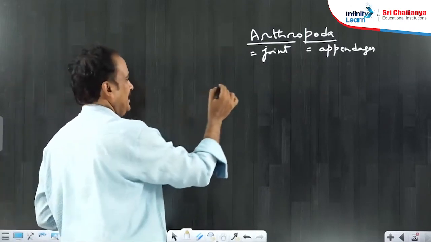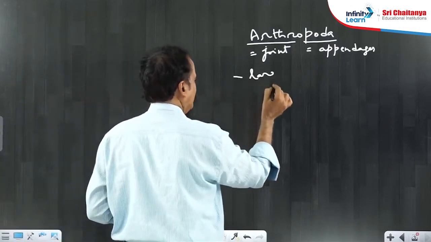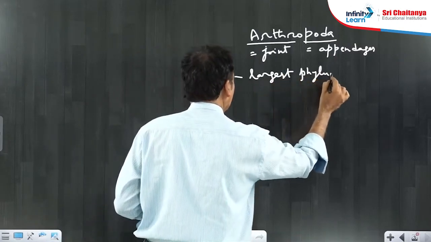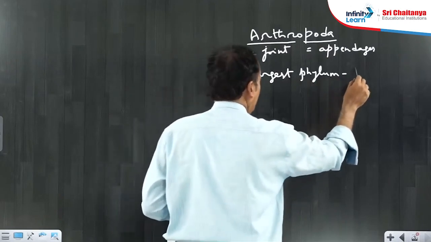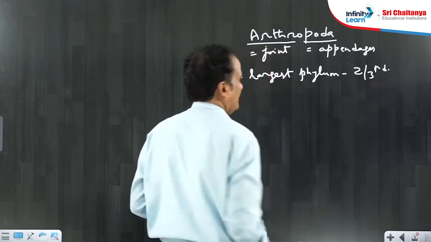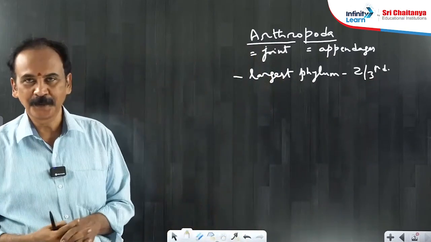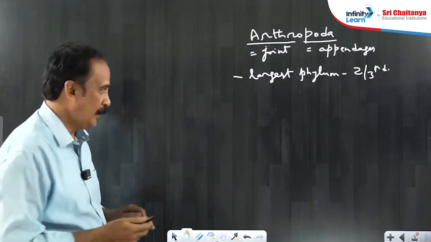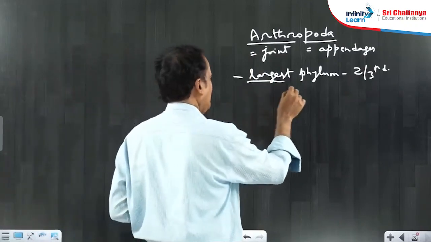This is said to be the largest phylum. That means around two-thirds of the known species, or the species that we are able to discover, come under this phylum. Now, how are the organisms able to lead a successful life?